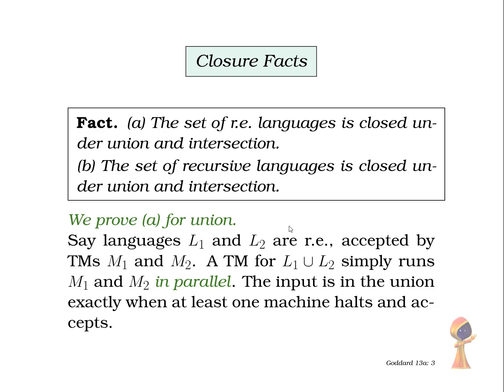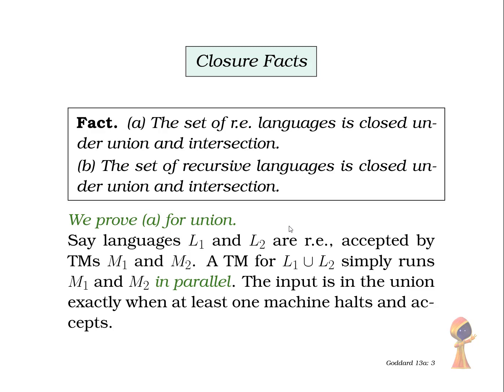Now, if we want to talk about a proof for union, let's suppose there are two languages, L1 and L2, and they are RE. What that means is they must have some Turing machines which accept them. So let's suppose for L1, the Turing machine which accepts it is M1. And for L2, there's a Turing machine which accepts it, and that machine is M2.